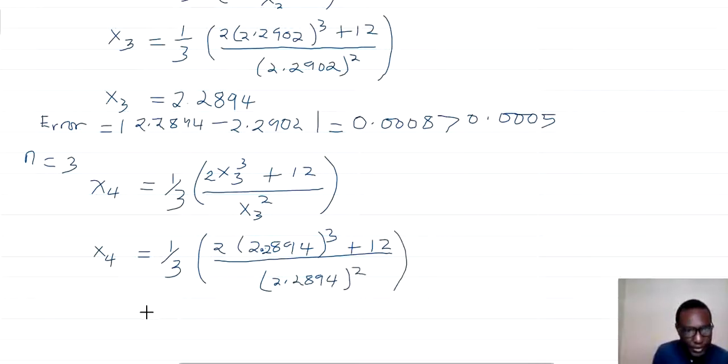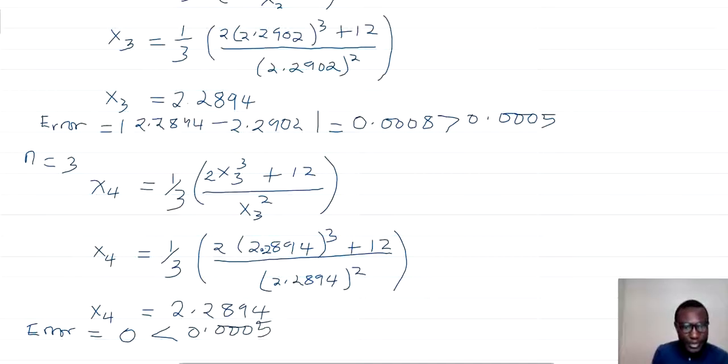So when we compute again, it will give us 2.2894. You can see that it is the same value as x3. So for this case, when you get x4 minus x3, the error is going to be 0, and 0 is less than the maximum possible error. So that means we should stop and we print out the root of the equation.